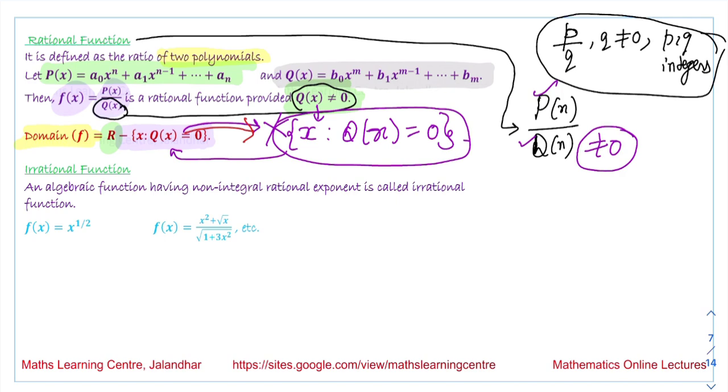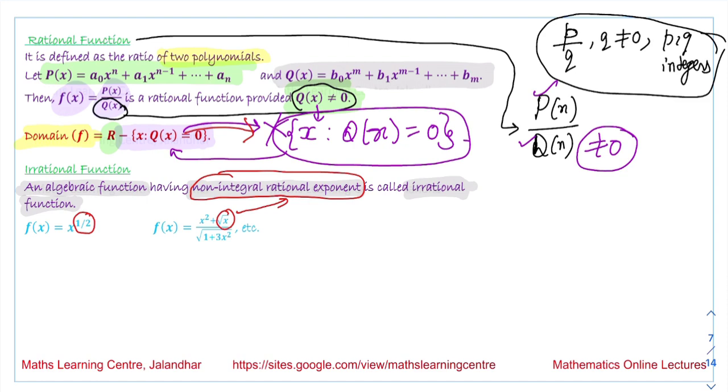Next we have irrational functions. An algebraic function having a non-integral rational exponent is called an irrational function. So the powers we are having over here are non-integral rational exponents, that is, these are not integral values.